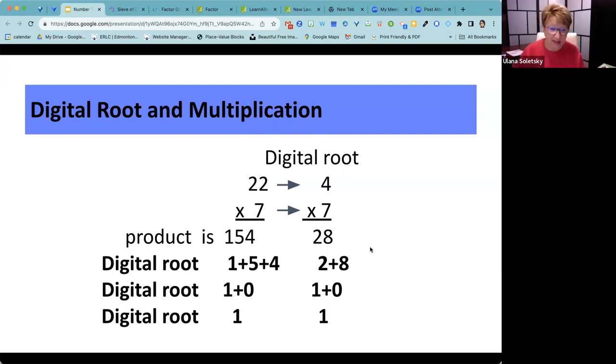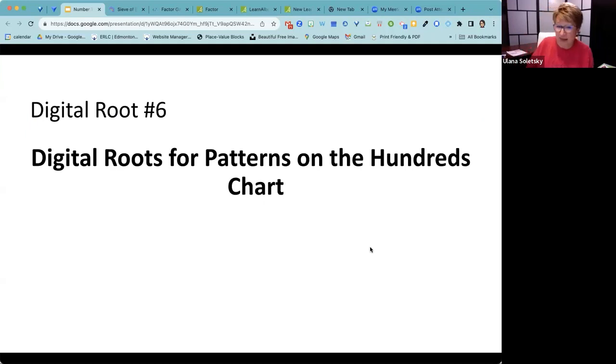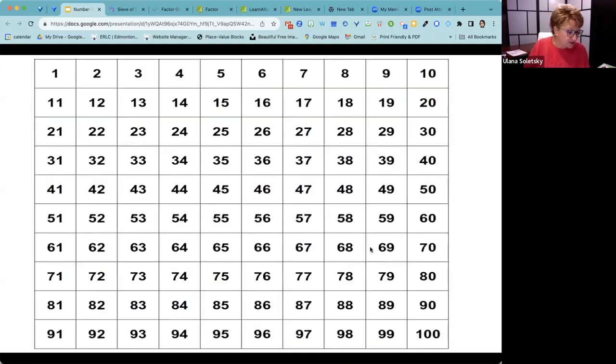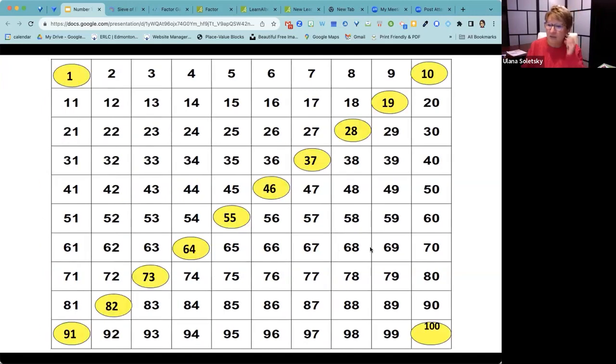Absolutely, it does work. And then we can also look for patterns on the hundreds chart. So if I wanted to, on a hundreds chart, I could just color in all those numbers that have a digital root of 1.